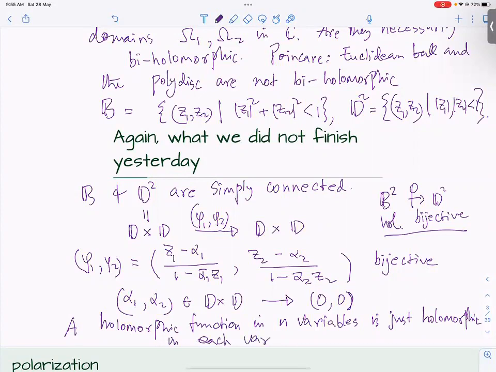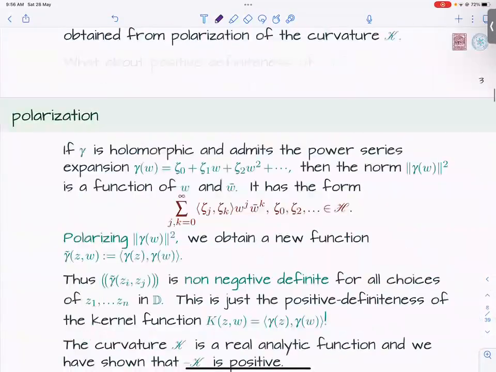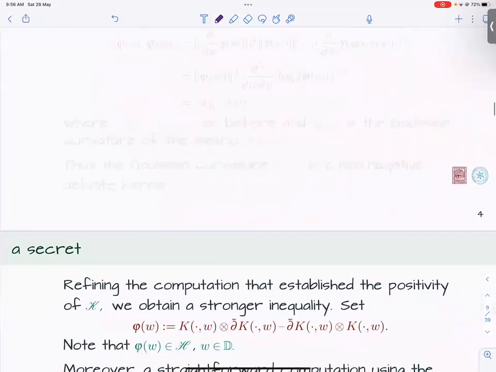So I look at a function in n variables, I allow n minus 1 variables to be fixed, and in the remaining one variable, it must be holomorphic. Each variable separately. And this we know. So these are basically holomorphic functions in one variable. As long as a function is separately holomorphic, I'm going to say that it's a holomorphic function in n variables.